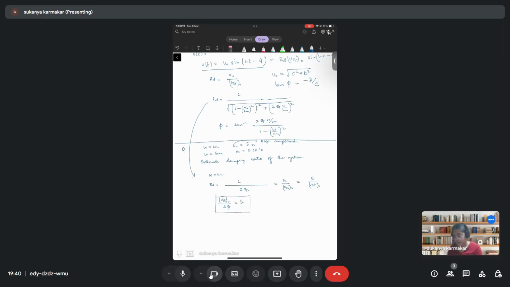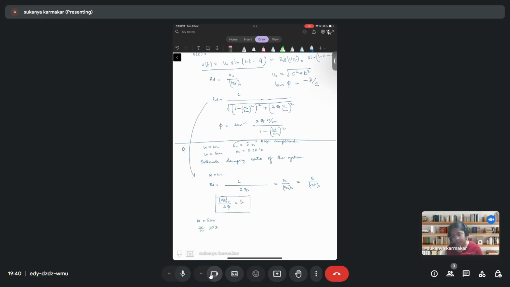Now again you know that when omega is equal to 5 omega n, u naught has a certain value. Omega is equal to 5 omega n means this ratio omega by omega n is much more than 1.